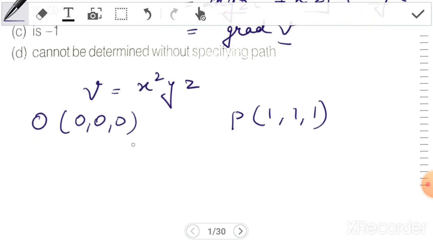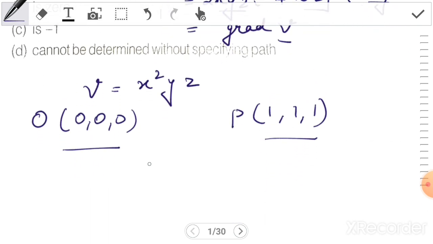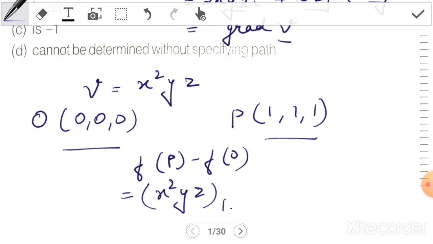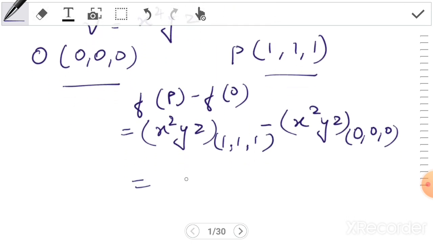So line integral of the vector function from origin to the point will be f of P minus f of O. Yes, so x square yz, putting the values of P and O in x square yz, we will have 1 minus 0, that is 1 as the answer.